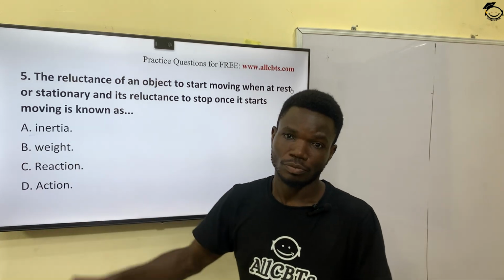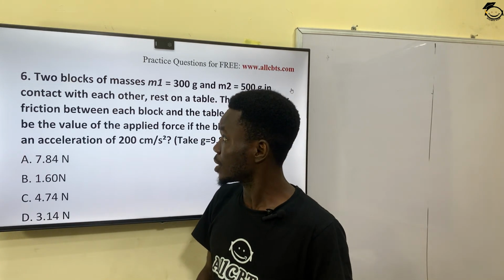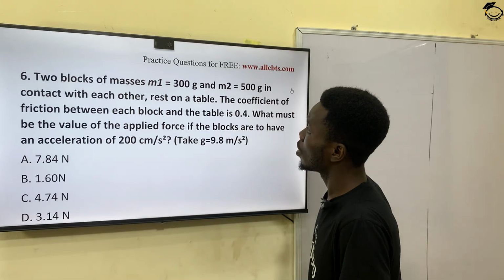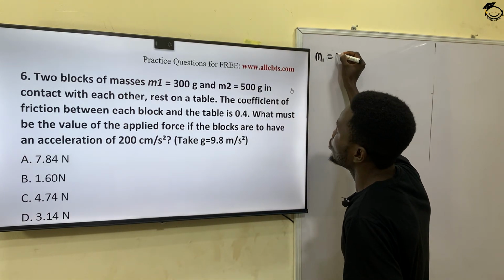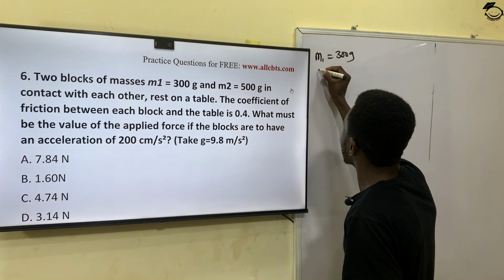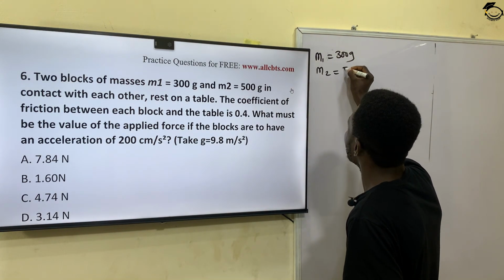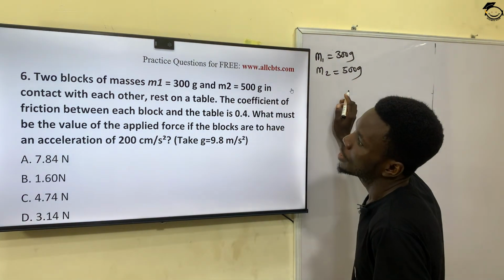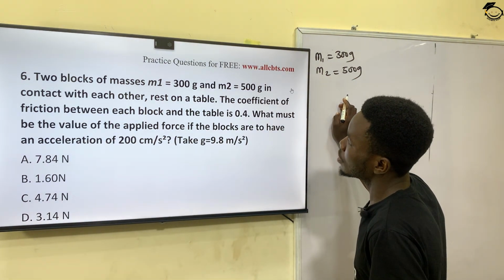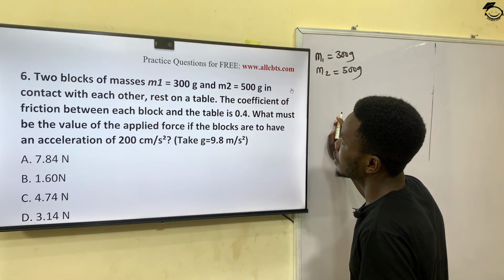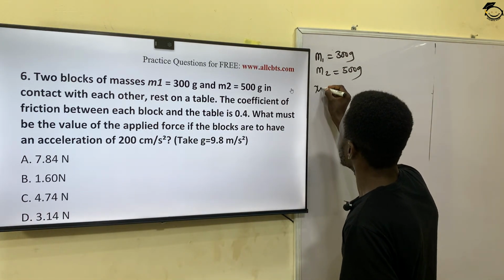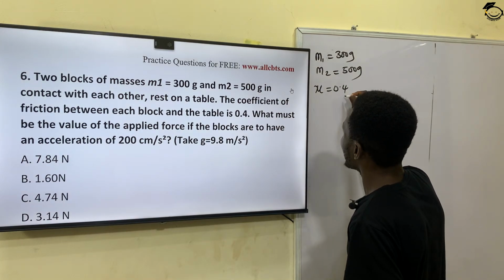So that is also question number 6, which says two blocks of masses M1, so I have M1 to be 300 grams, and I have M2 to be 500 grams, in contact with each other, rest on a table. The coefficient of friction between each block and the table is, so our mu was given as 0.4.